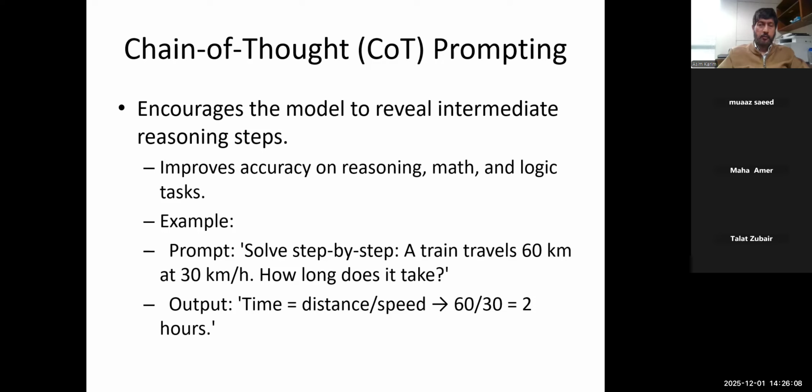So the system would then solve step by step. Again, this must have been instruction tuned in the original model for it to understand. Instruction tuning must have happened earlier on this kind of thing, then it can understand. Okay. So for math and complex problems this is quite useful.